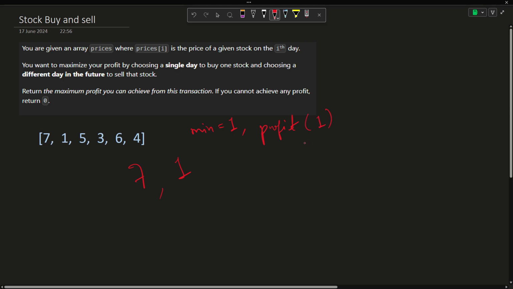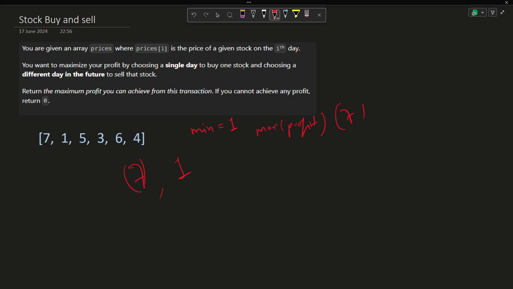Then I can make the maximum profit as 1, right? So if we have gone through the first one, the max profit is still what? 7, because we could have bought it on this day and sold it on the same day.